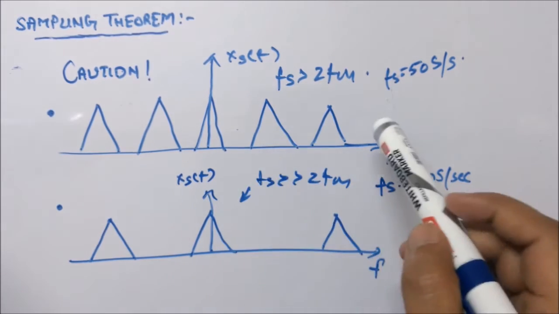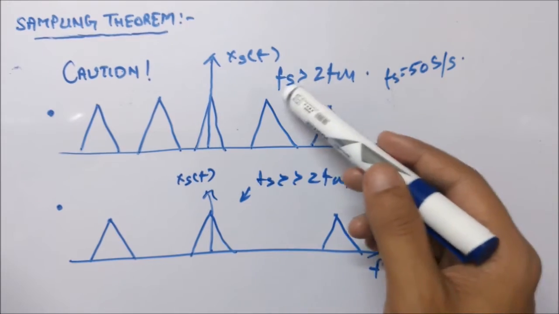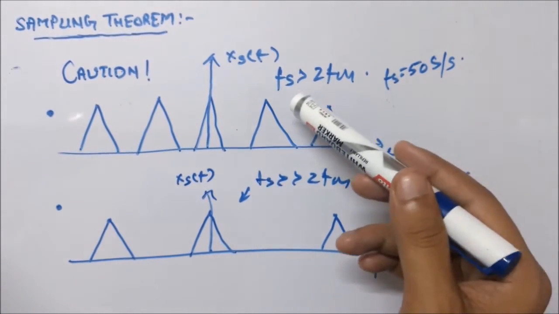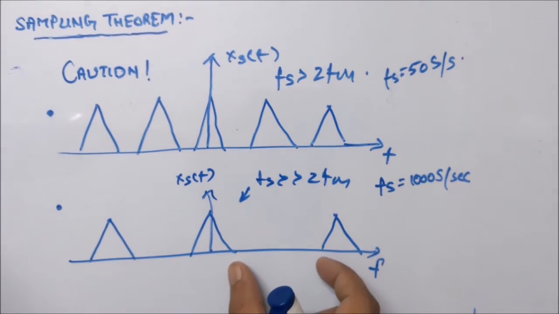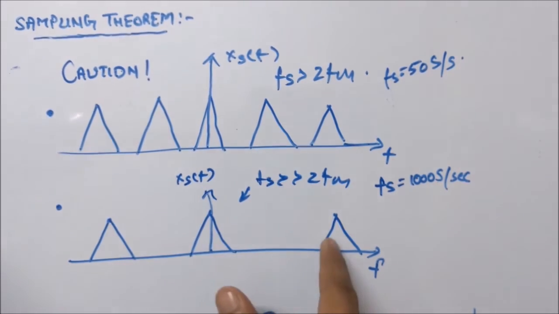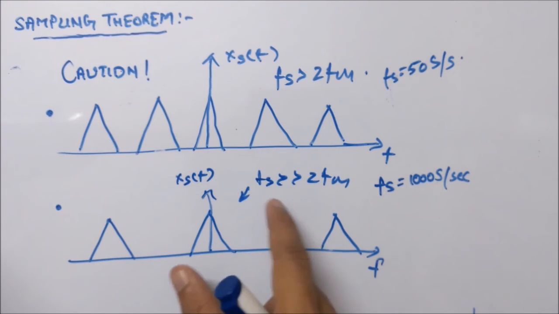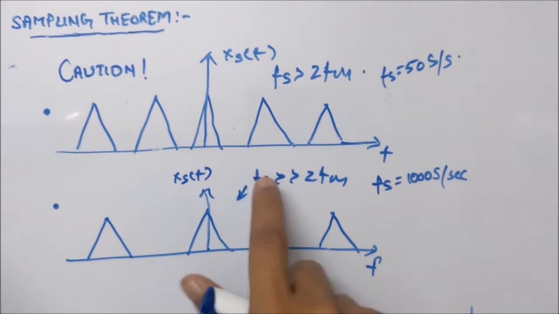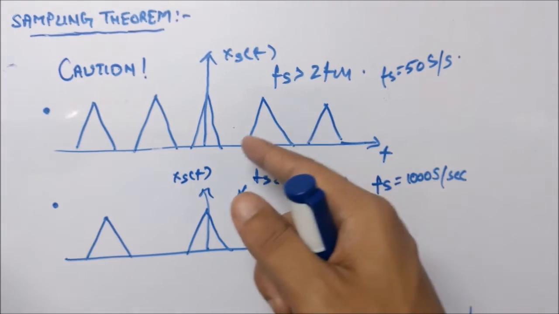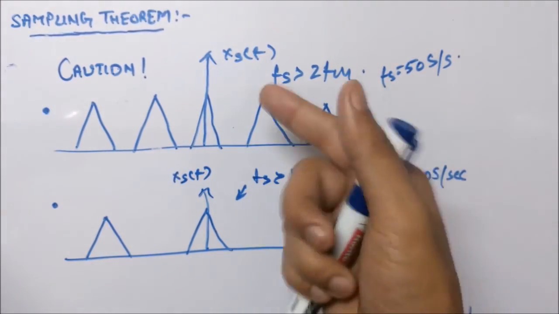You don't have to go for a really high value of Fs. A really high value of Fs will only increase the difference between these replicas and the message signal, where you are able to recover your message signal in this case as well.